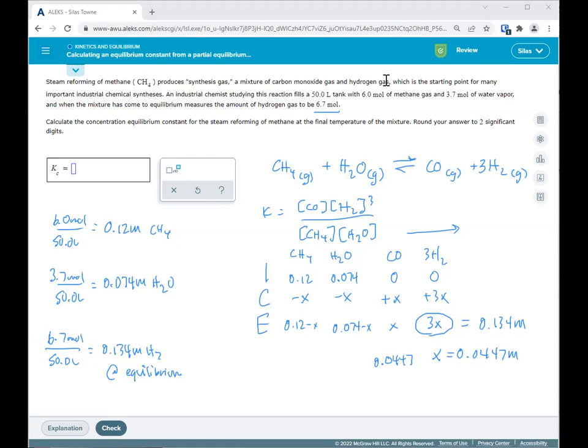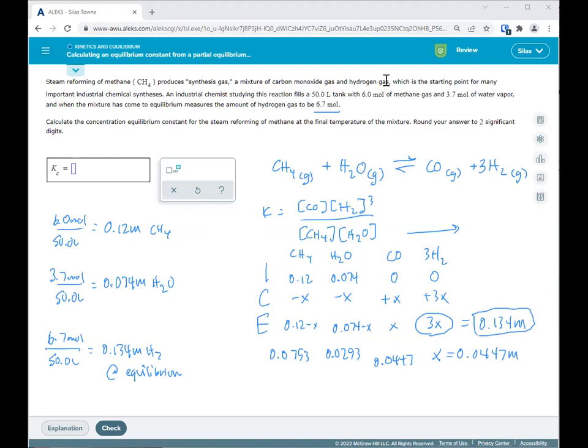So 0.12 minus that value gives us 0.0753. And then 0.074 minus 0.0447 gives me 0.0293. And make sure you're using this value for the H2.